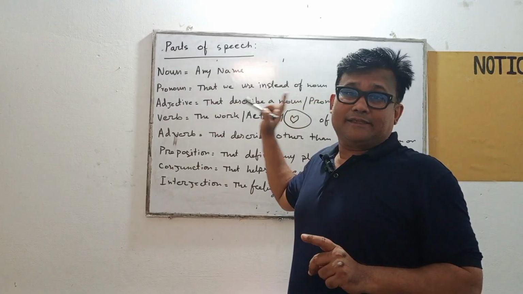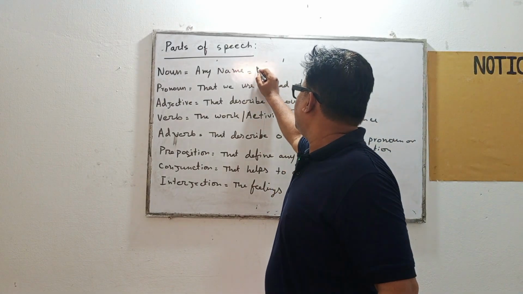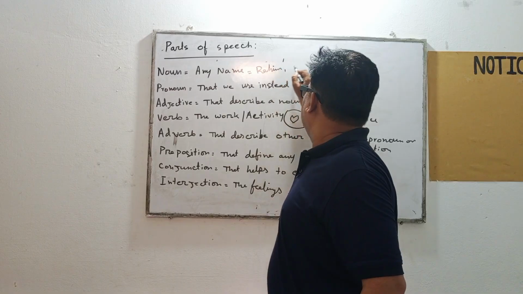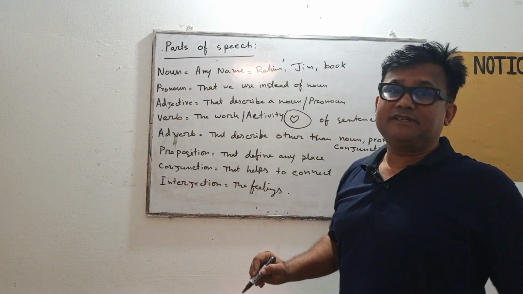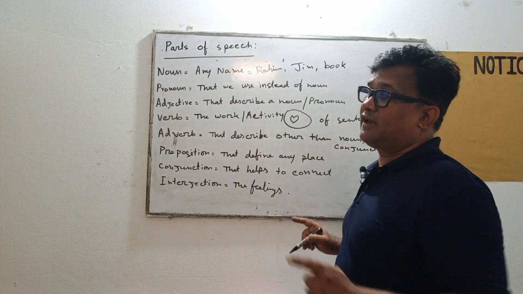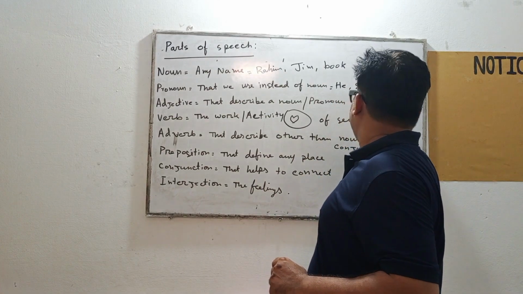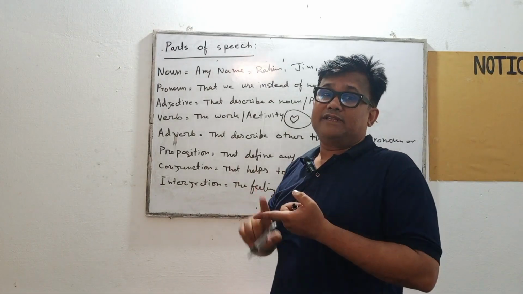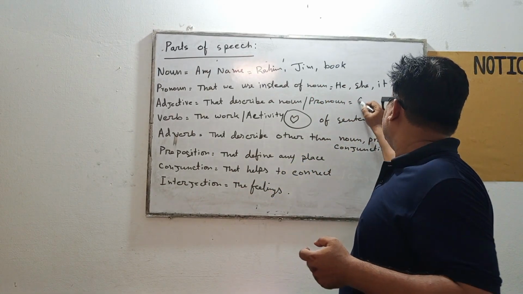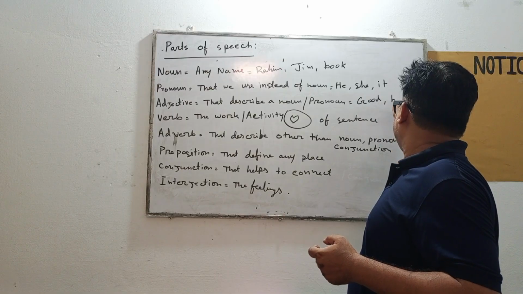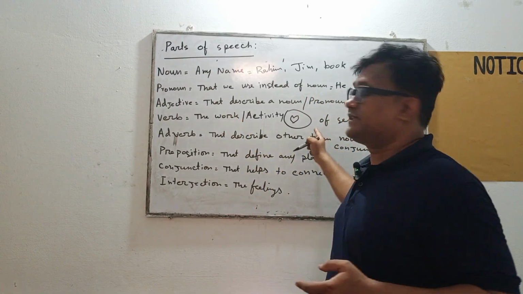Normally, the thing we know as a name is noun, like Rahim, Jim, book, etc. Pronoun is what we use instead of a noun, like he, she, it, etc. Adjective describes a noun and pronoun properly, like good, bad, etc. Verb, the work, the activity, is the heart of a sentence.